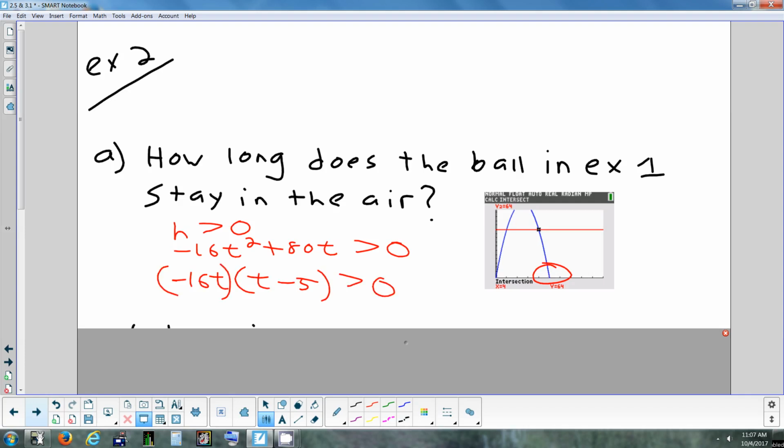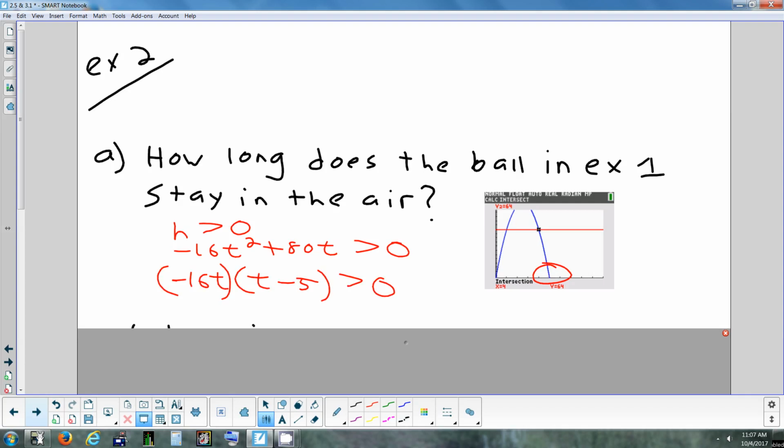Okay. So now we're multiplying two things together, and they have to be greater than 0. Well, t is time. What kind of value is time always going to be? Seconds, yes, but what I was trying to get at is it's always going to be a positive number, greater than 0.